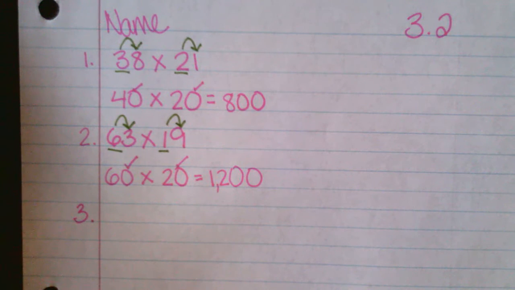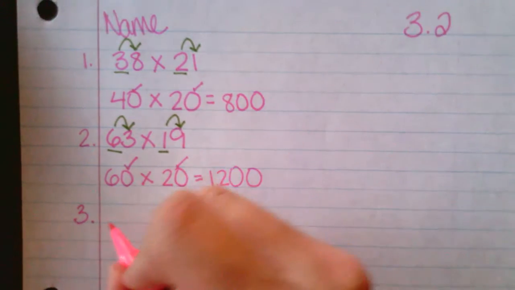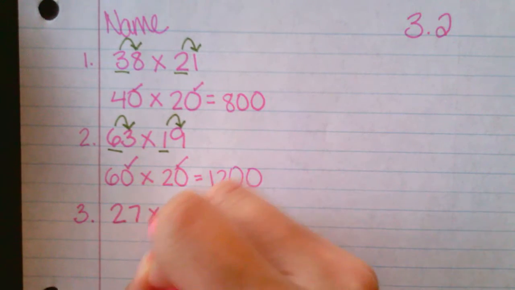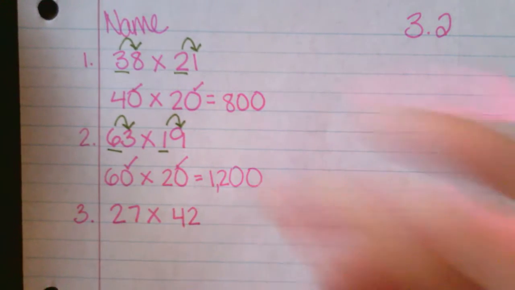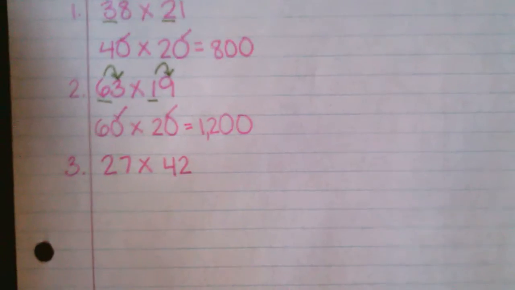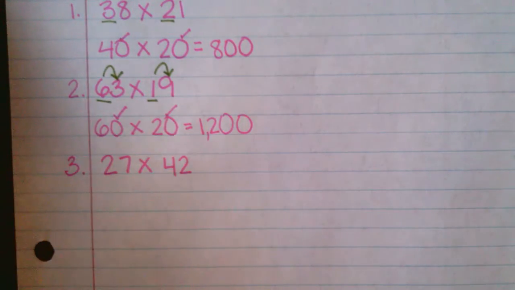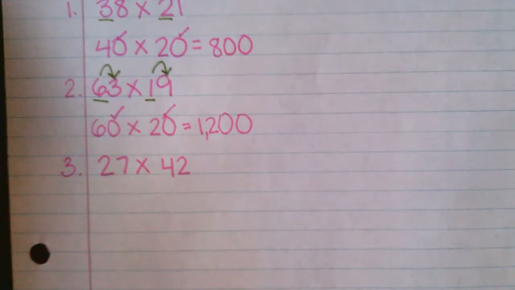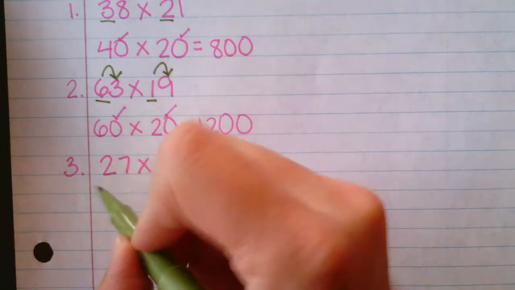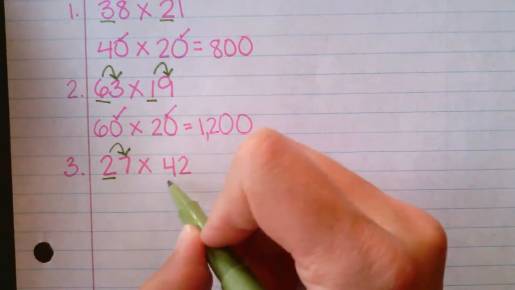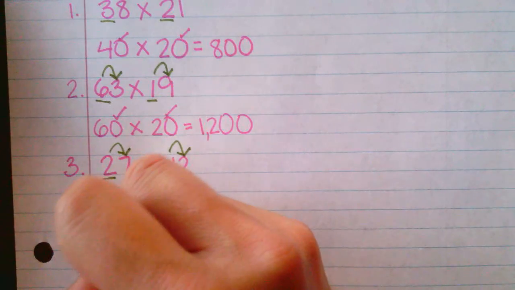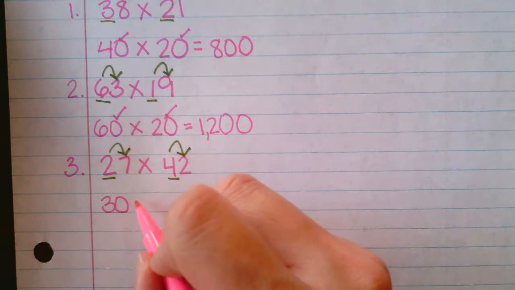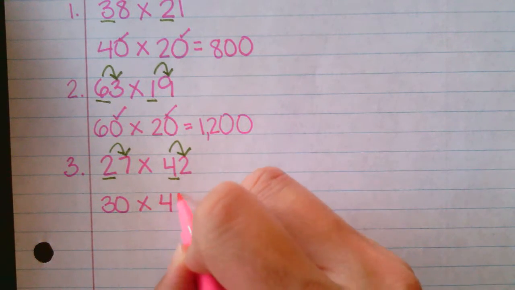Number 3, 27 times 42. Again, we need to look at our largest place value and then look over to the ones to see if it rounds up. 27 does round up to 30. 42 rounds down to 40.